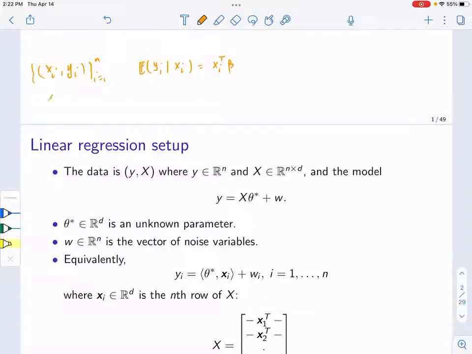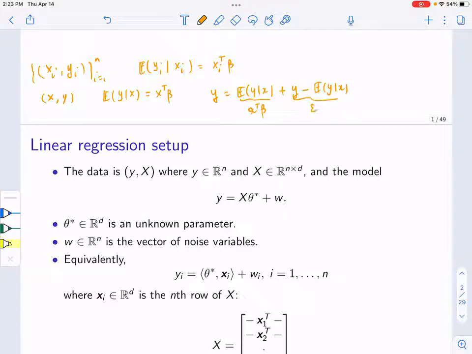If there's a generic pair generated from the same distribution, you assume something about the conditional expectation of y given x, which is that this is linear. Then I can write y as this plus y minus the expectation of y given x. So this is xi transpose beta or beta transpose x.